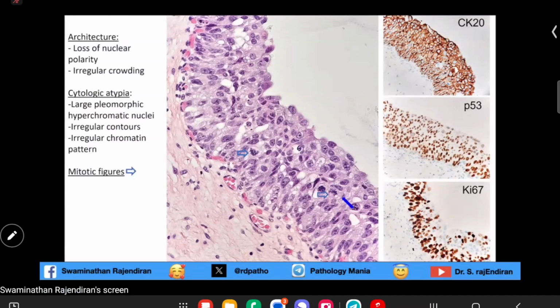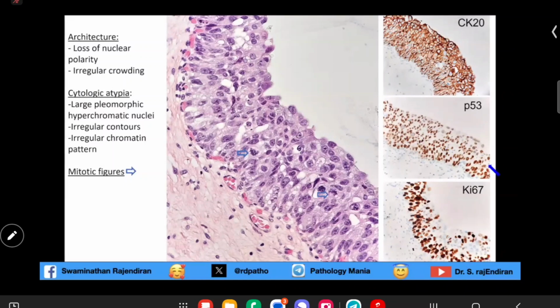Sometimes there may be a question whether it is reactive atypia or dysplastic. For example, we will be seeing them in future slides. There will be a lot of neutrophilic and lymphocytic infiltrate. So you don't know whether it is reactive or dysplastic. In those conditions, cytokeratin 20: in dysplastic epithelium, all the cells will take CK20, whereas in reactive atypia, only a few scattered cells will be positive.